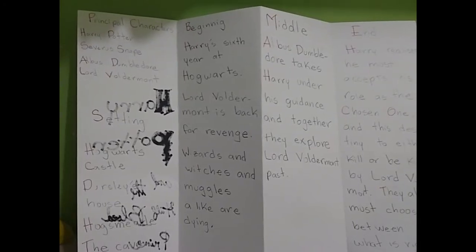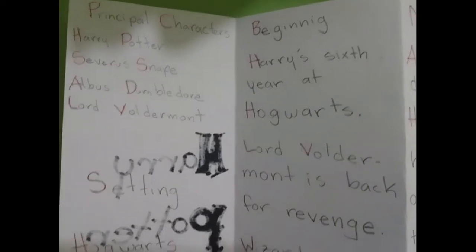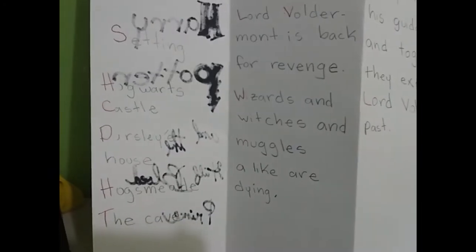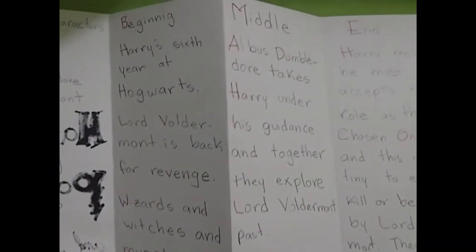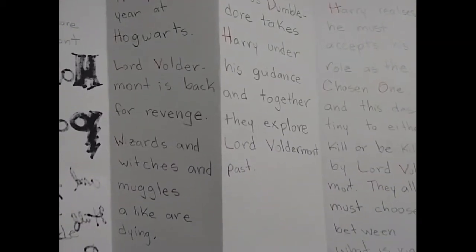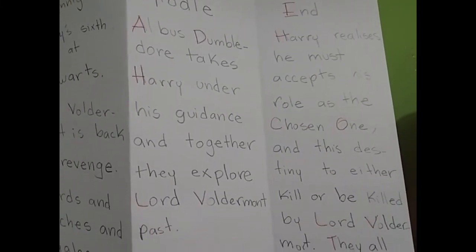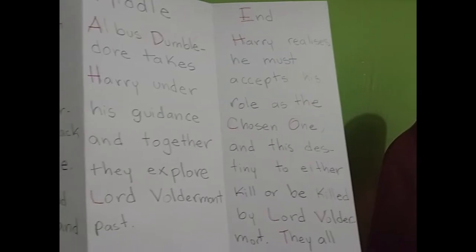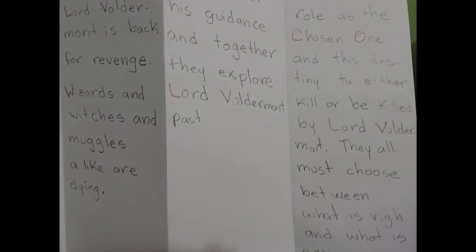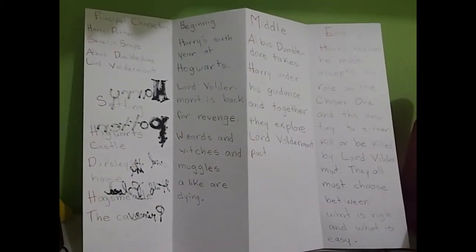Here I made the foldable with the principal characters that you can see here, the setting of the story, the places where the story happens. And then I put the beginning, a little part of the story, how it started, and the middle, and then the end of the story. You can see there, I put the end of the story. So this is how I want you to do it.